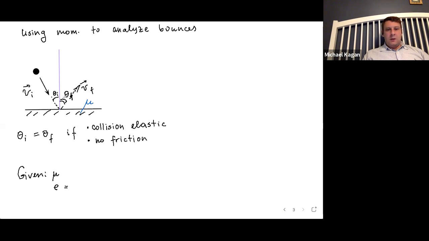It has to do with the perpendicular component of velocity. So Vy final over Vy initial. I'll just put absolute value just in case. And just to be sure, these are my X and Y axes.